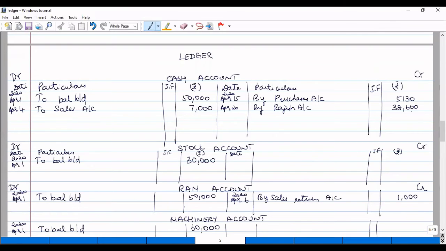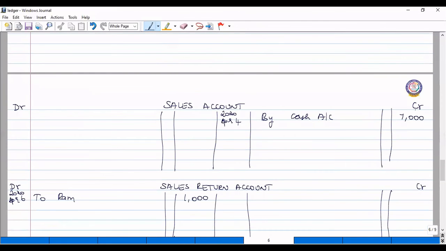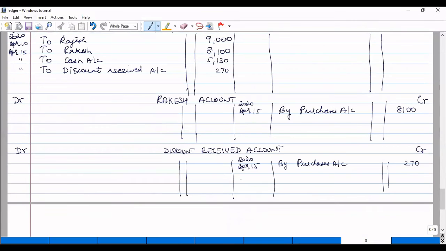Now come to the next credit item. It is the discount received. Okay. So come to discount received on April 20th. Another discount has been received because we have paid to Rajesh, who has given this discount. Rajesh has given this discount of rupees 400.